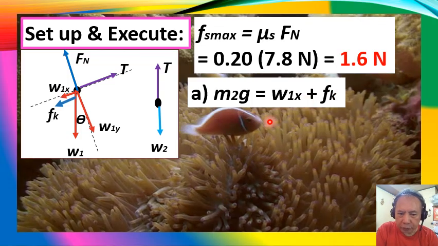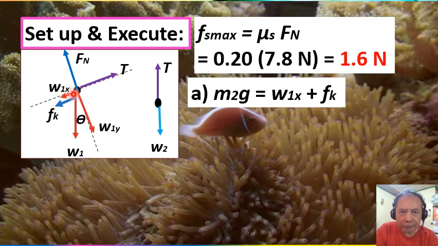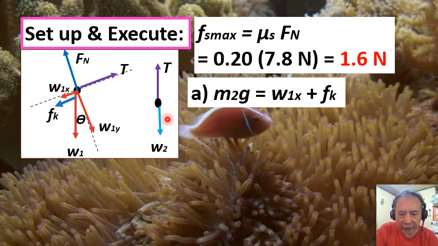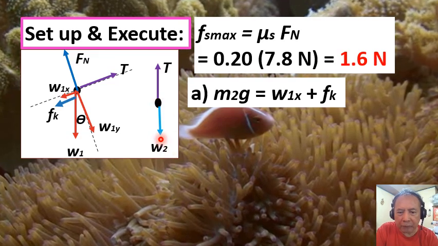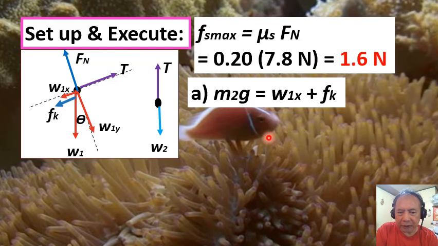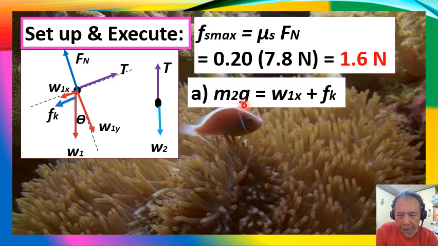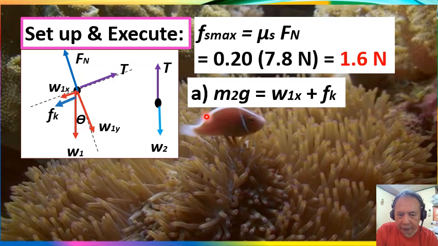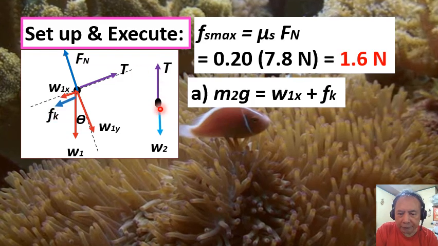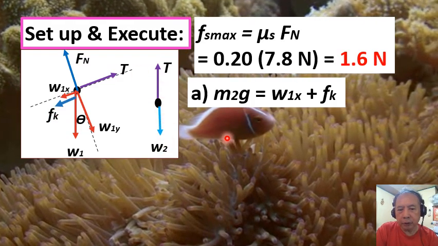For block M1 to be able to move up the incline, that would mean that the mass of M2 must be greater than the mass of block number 1. And the motion will be up the incline for block number 1 and vertically downward for block number 2.